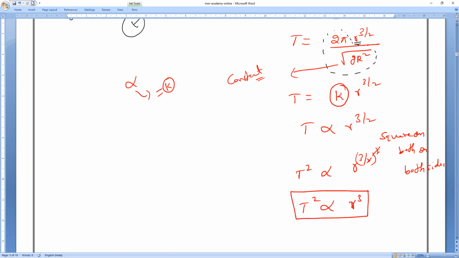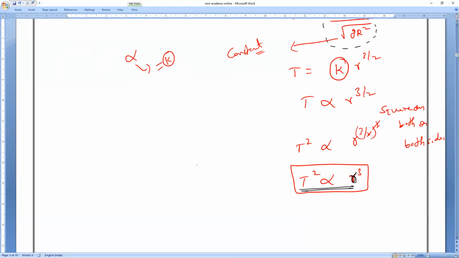That is only Kepler's third law: the square of the time period is directly proportional to the cube of the average radius between the planet and the satellite, or sun and the planet, whatever it is.